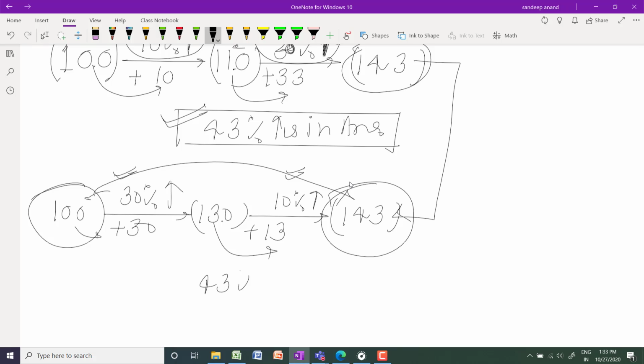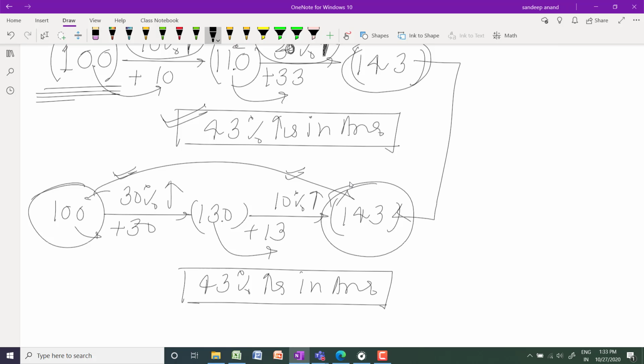So this is a 43% increase in area. But my dear students, here I am writing the direct difference between 100 and 143 because my base, which I am considering my initial value, is 100, and that is the reason why I directly subtract this value and find this 43% increase.